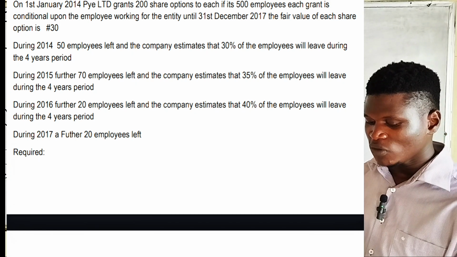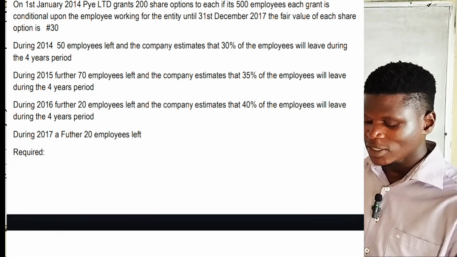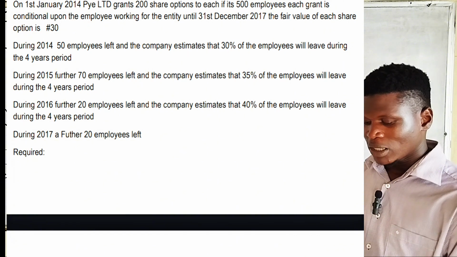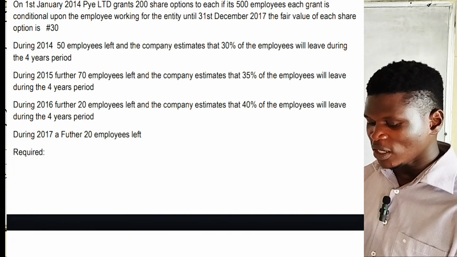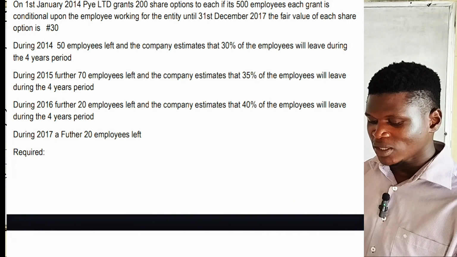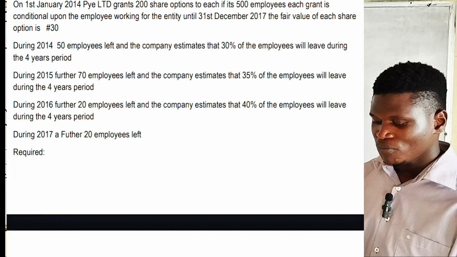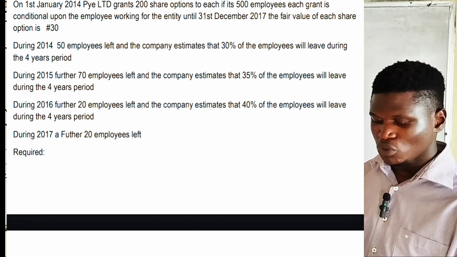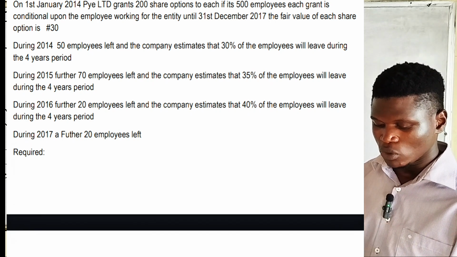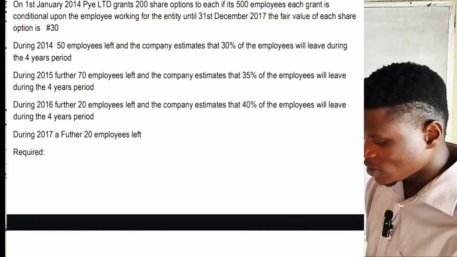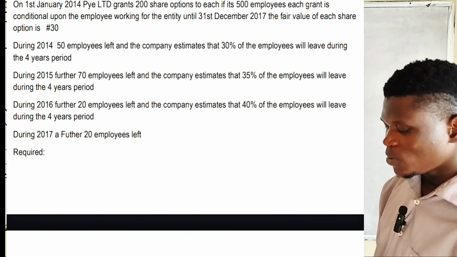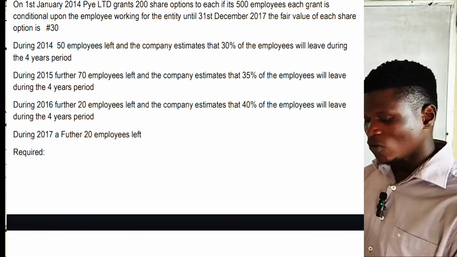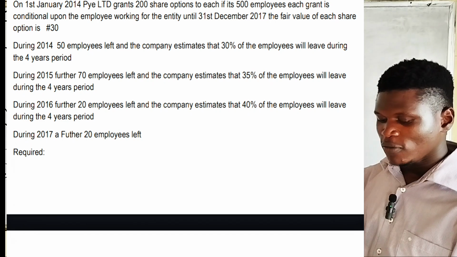The fair value of each share option is 30 naira. Now, during 2014, 50 employees left, and the company estimates that 30% of the employees will leave during the 4-year period. During 2015, a further 70 employees left, and the company estimates that 35% of the employees will leave during the 4-year period.